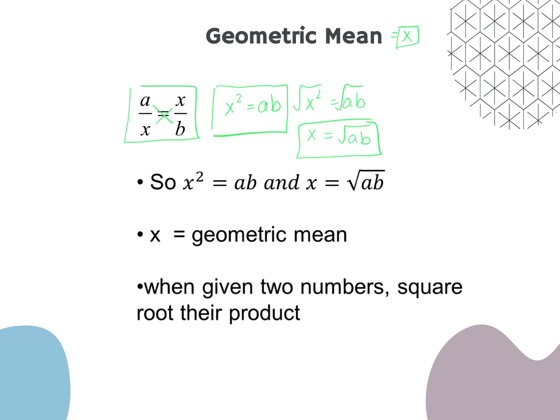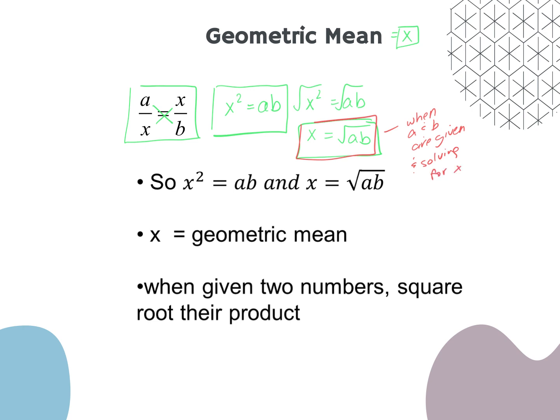And so this is the third form of it. All three of these are the same thing, and I can utilize any one of these forms to find the geometric mean of two values. When A and B are given and I'm solving for x, I use this method.